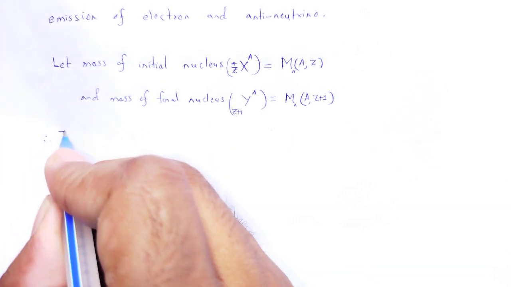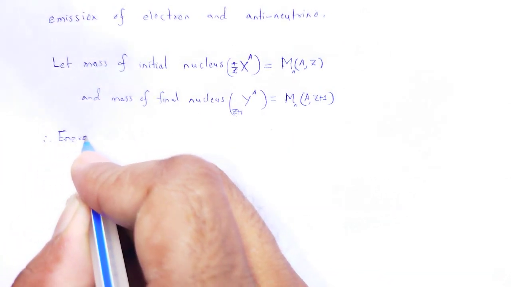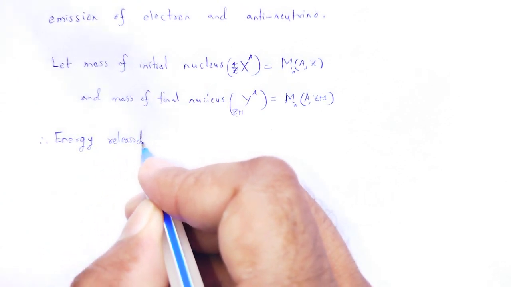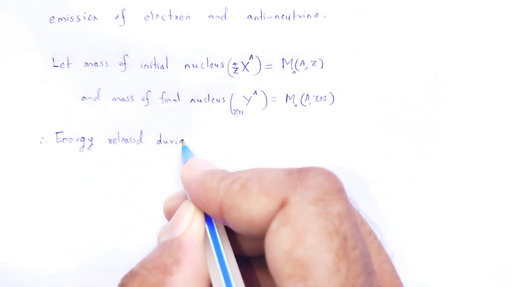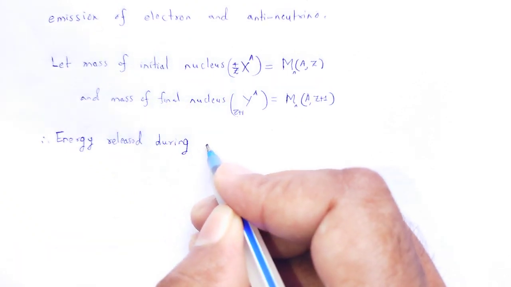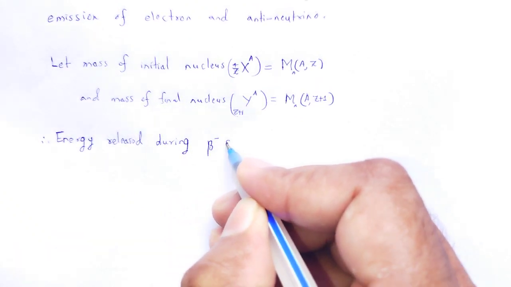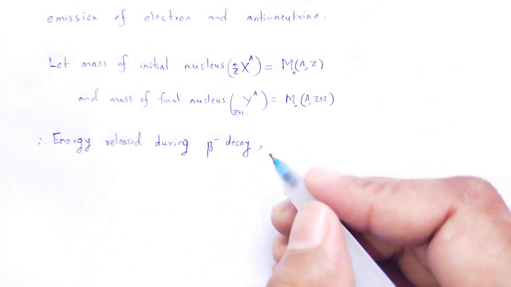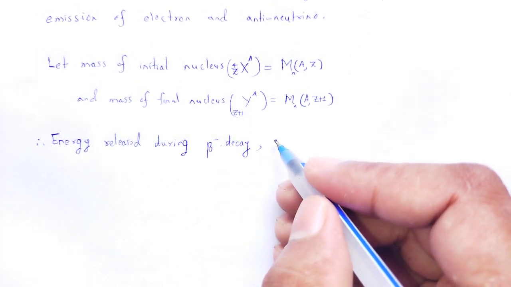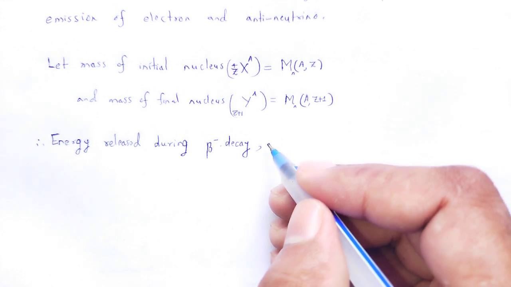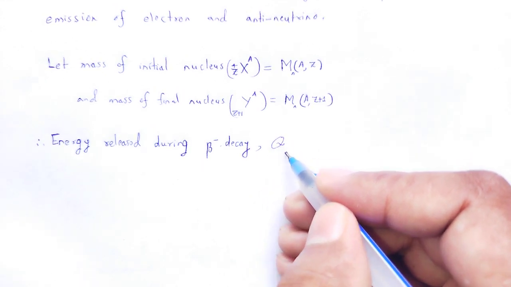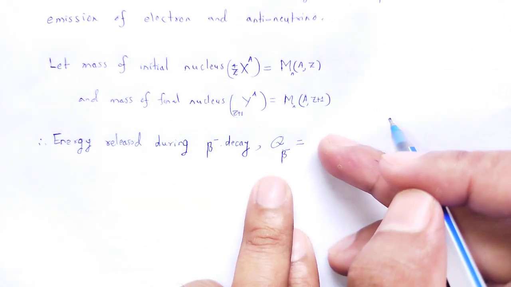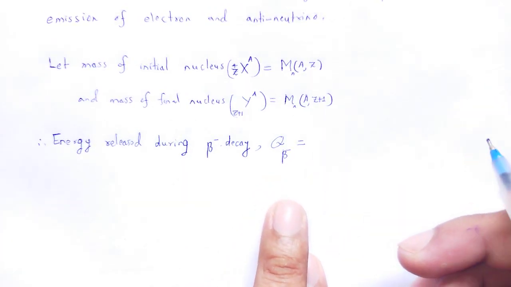Therefore, the energy released during beta minus decay, which is Q beta minus, is equal to the mass defect times c square.